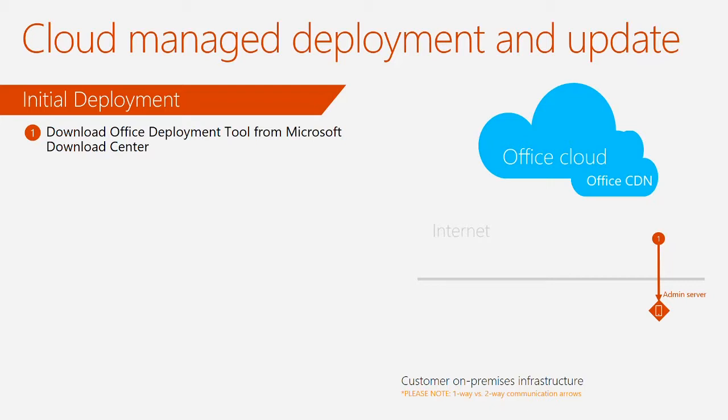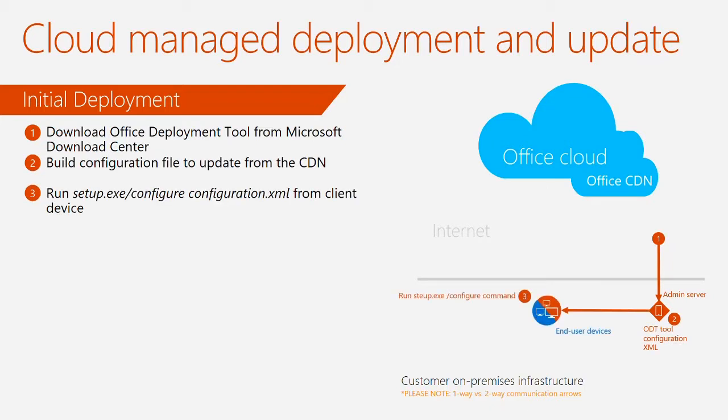Download that to an administration, push it out to your clients and say, here's what you need to do. Go talk to the Office CDN, execute this command, and you just point out to the bits. Build a configuration, and you just run the command. You push it out to your environment, run the command, and say, go to the Office CDN.